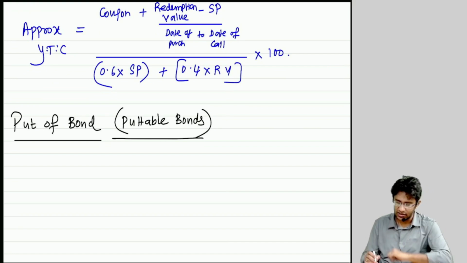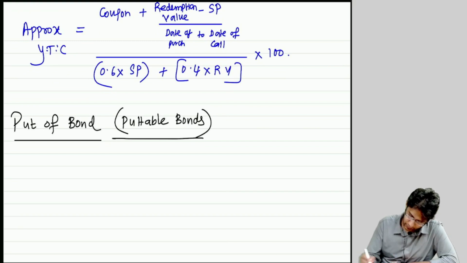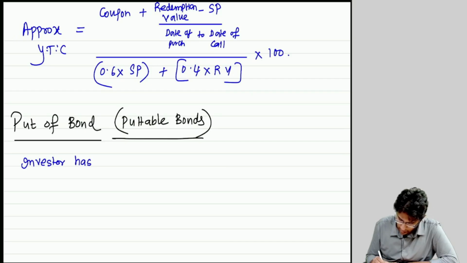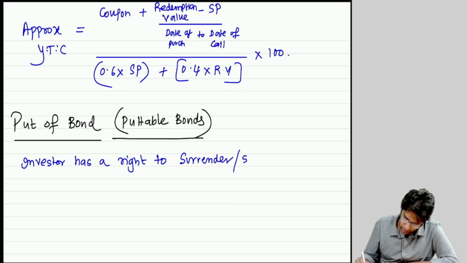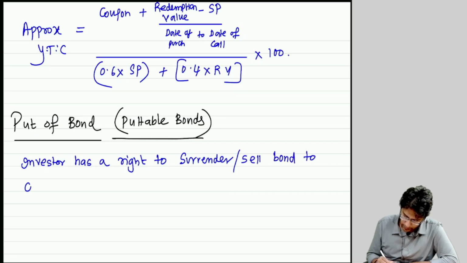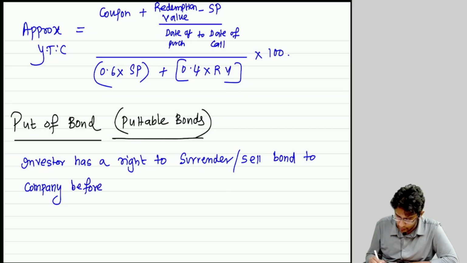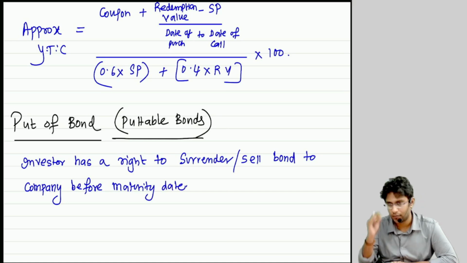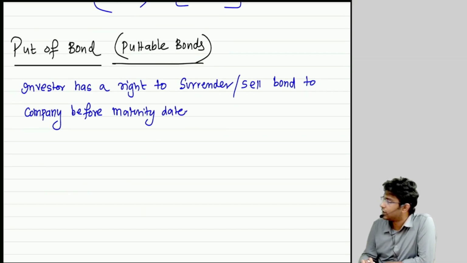This time the investor has a right to surrender the bond, or you can say sell the bond to the company before the maturity date. This is called the put of the bond.